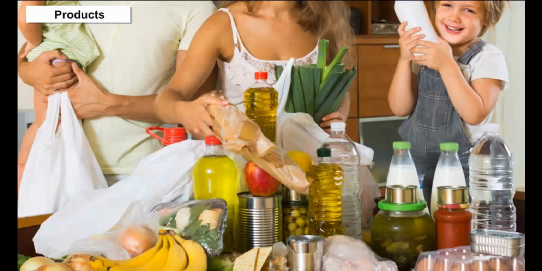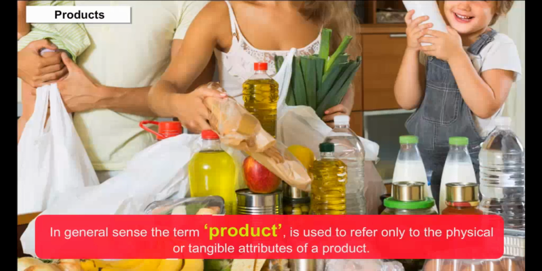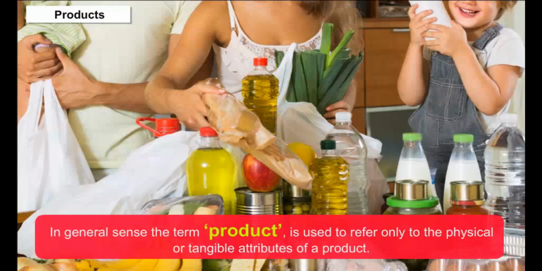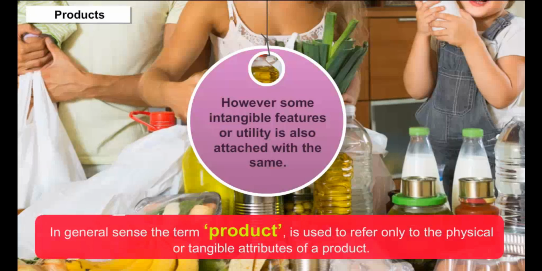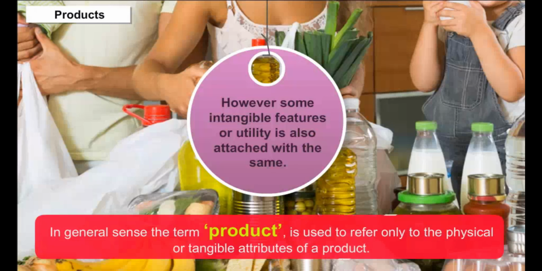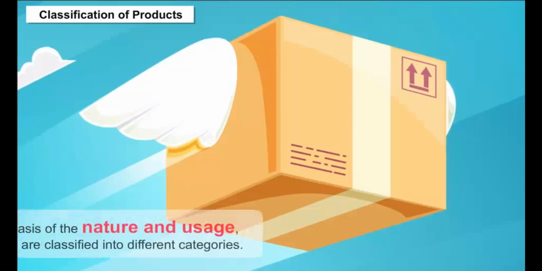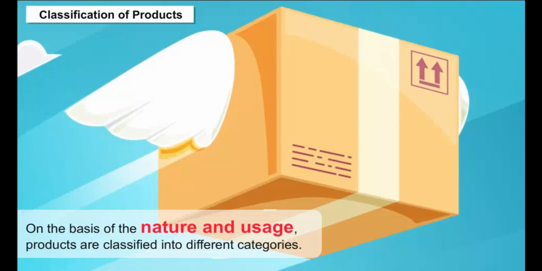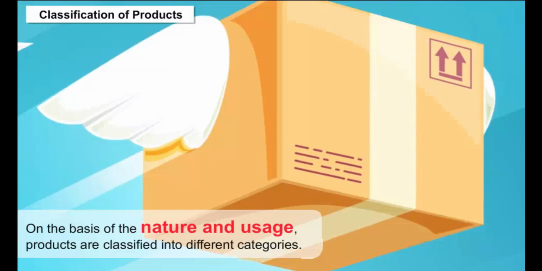Classification of products. In the general sense, the term product is used to refer only to the physical or tangible attributes of a product. However, some intangible features or utility is also attached with the same. On the basis of the nature and usage, products are classified into different categories.